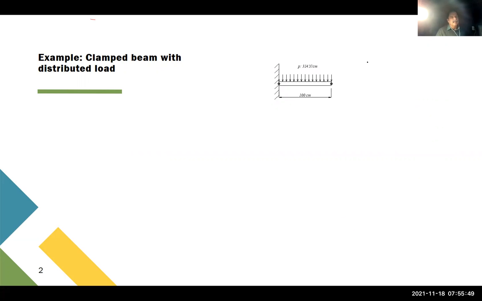The simplest is just to take this load and apply half of that into here and forget about moments. That's the first case. The second case is to apply what we have derived here: this distributed load will be transformed into an equivalent force and also an equivalent moment on this end.